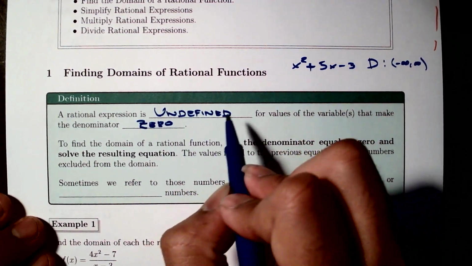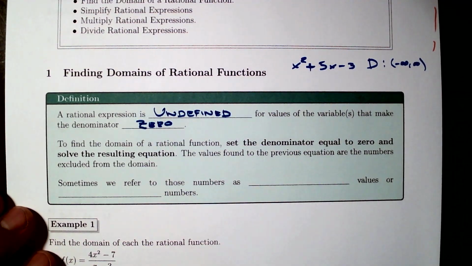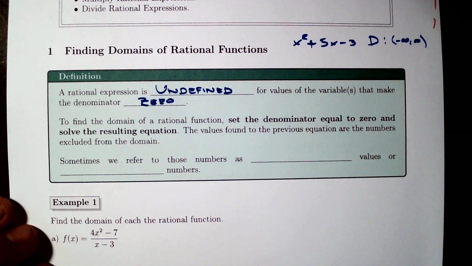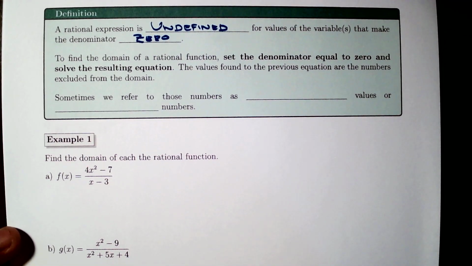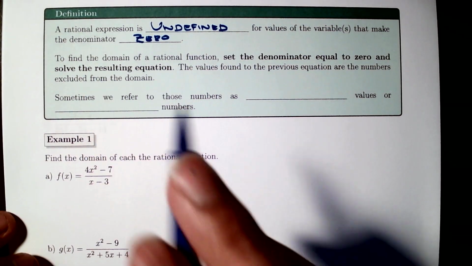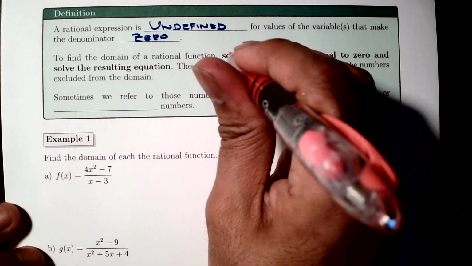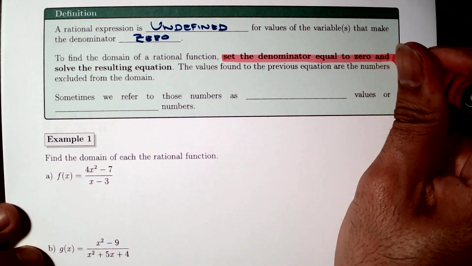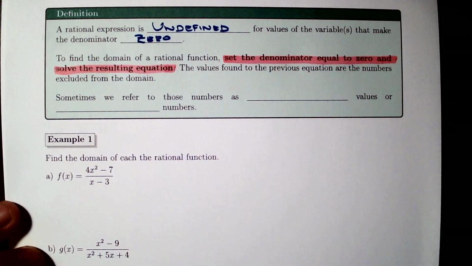But for functions like this, you'll see in the examples how this type of functions or expressions can be undefined for certain values. To find those values, or find the domain rather, what we do is set the denominator, only the denominator, equal to 0 and solve the resulting equation.